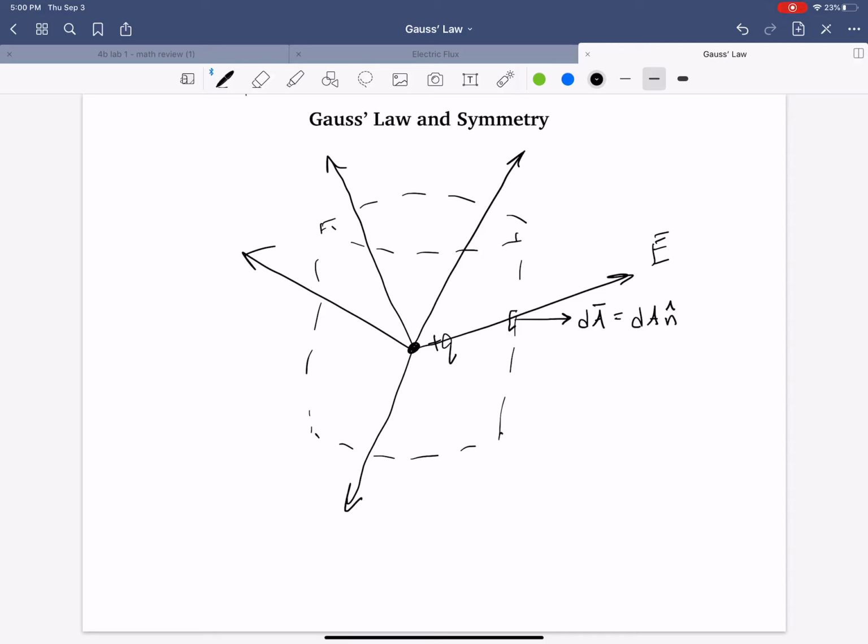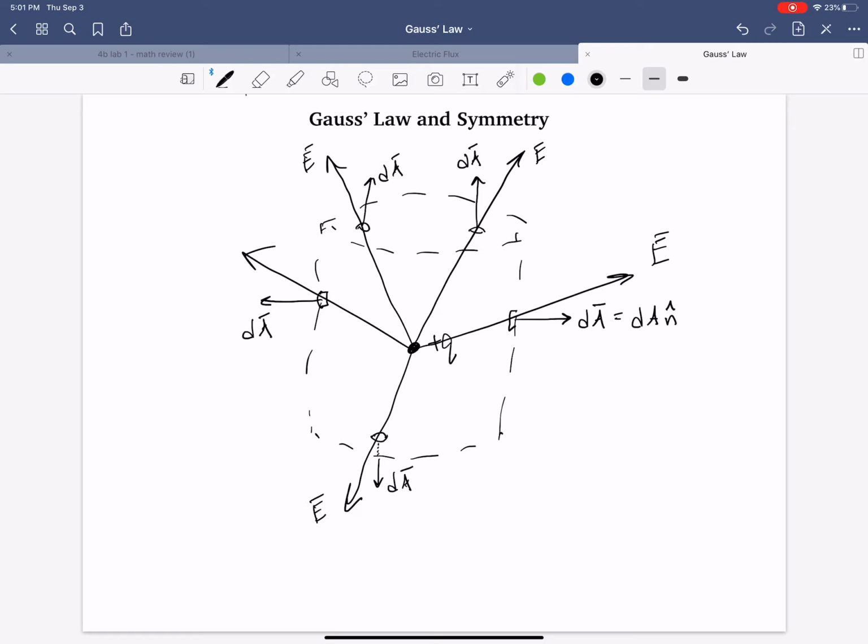It's poking through this top section and going straight up, right? dA, and that's E. Same thing over here. dA is upwards. On the left, very similar to what I drew first. dA is outwards. And on the bottom, dA is down.